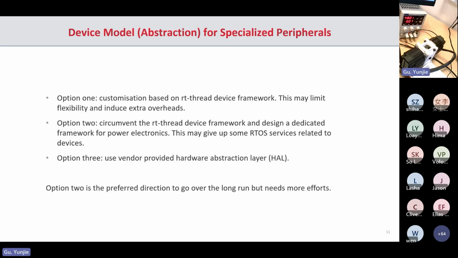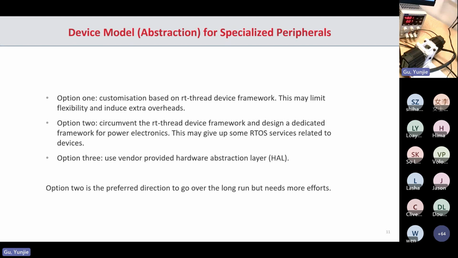Another option is to simply use the hardware abstraction layer of the vendor. Say the STM or the NXP devices, they provide a very good HAL which you can use. But the problem is that the HAL for different vendors is very different. And even for the TI C28 MCUs, there is no HAL, or the HAL is very bad.